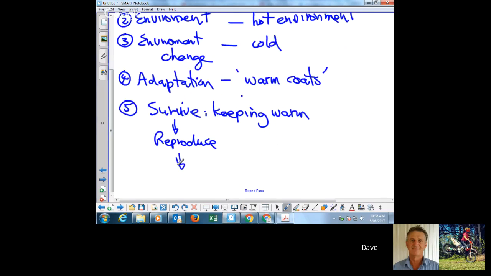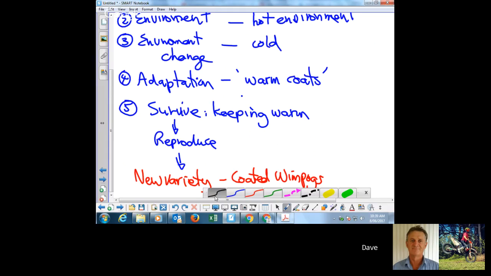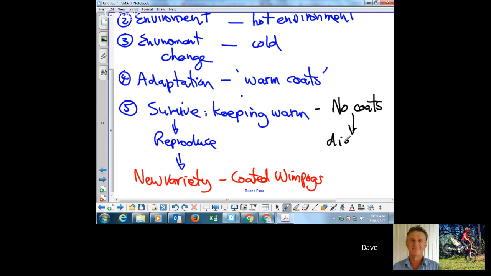And it led to a new variety, which was the coated windhogs. What's happened to the no coats? Extinct. Yep, and they became extinct.